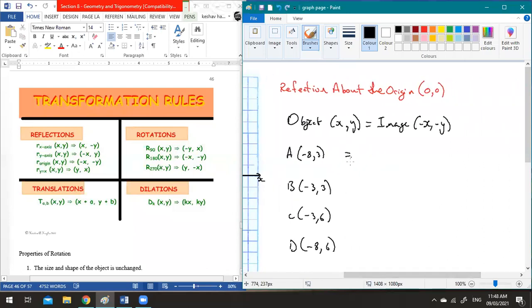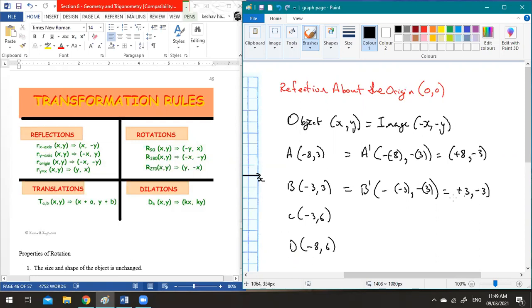So under the rule, for the image, we'll put a negative sign in front of the -8 and a negative sign in front of the 3 to get +8 and -3. B, we put a negative sign in front of the -3 and a negative sign in front of the +3, to get a negative and negative is a positive, so +3, -3.